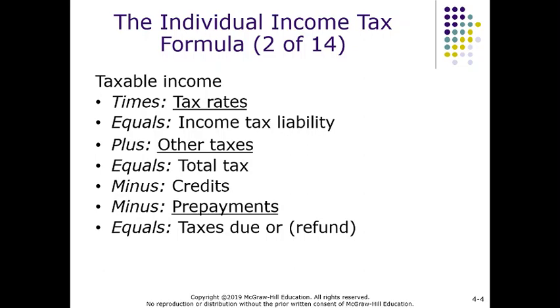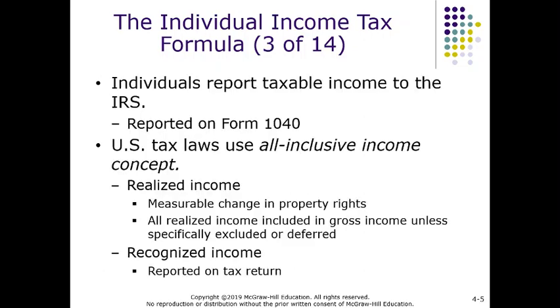And then from the total tax, you subtract any credits, and of course, any prepayments the taxpayer has made. And that's going to equal either any remaining tax that's due or possibly, if they've overpaid, a refund. Individuals report their taxes on Form 1040 or a variation of 1040.